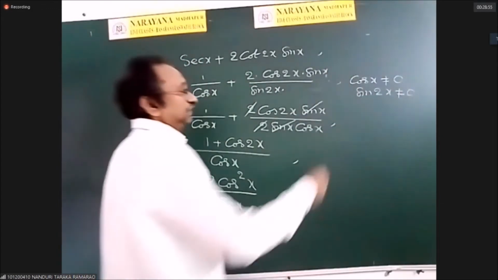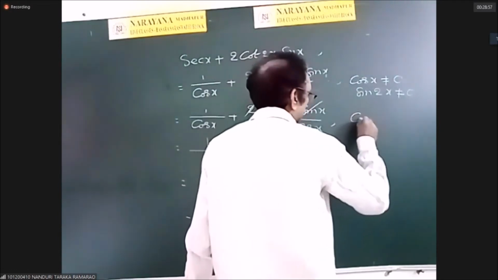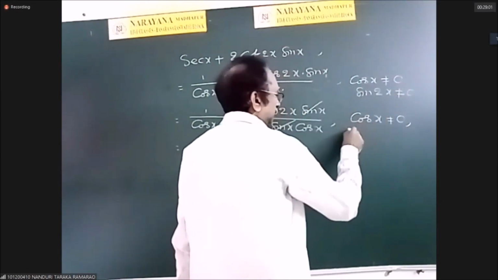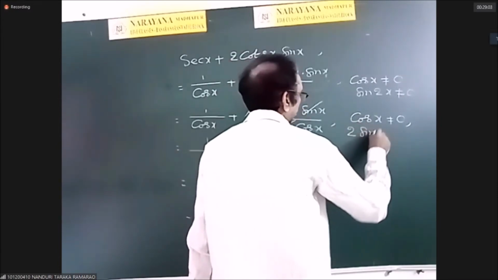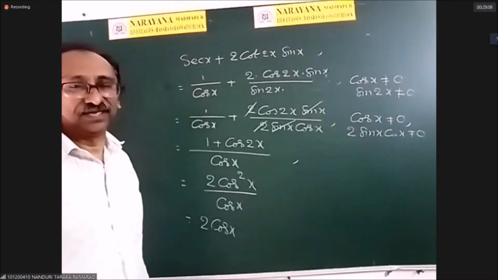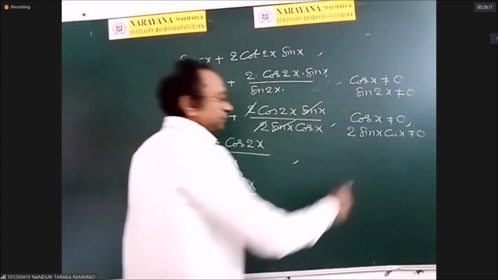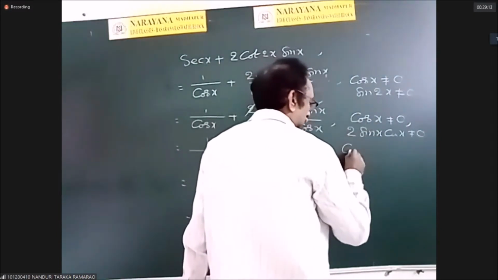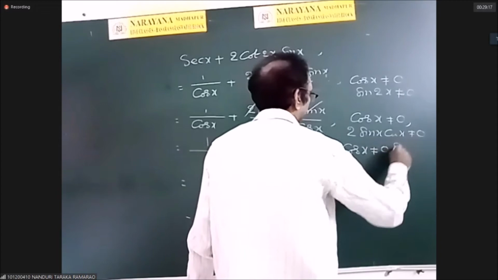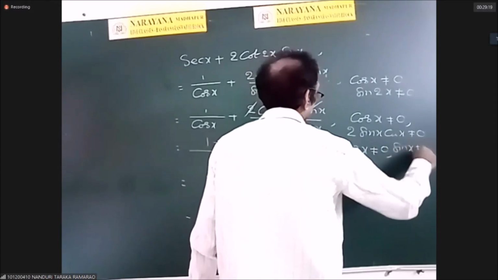Therefore cos x should not be equal to 0. Sin 2x means 2 sin x cos x cannot be equal to 0. That means sin x is also not equal to 0, and cos x is not equal to 0.